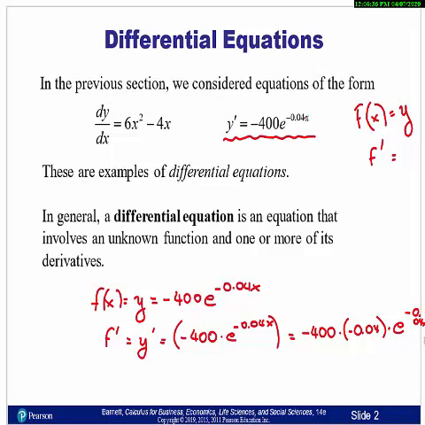And of course then you will simplify and calculate that. Well, the fact that we have two variables right here, the y and the x, enables us to call those differential equations.